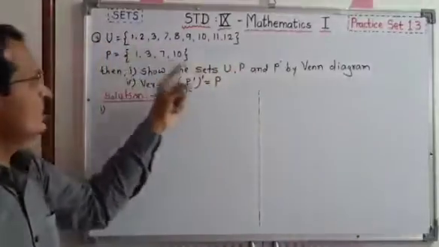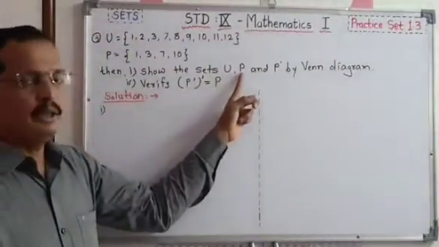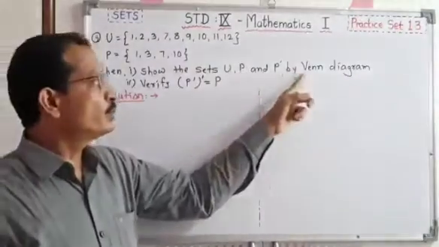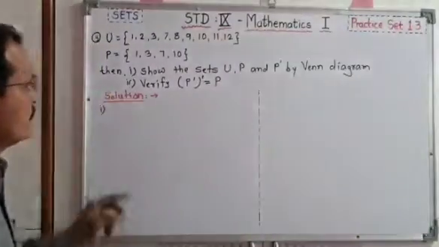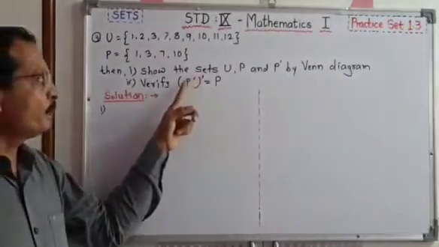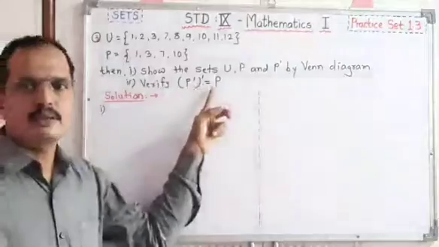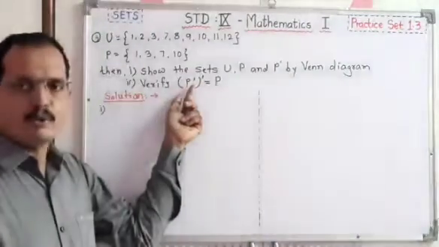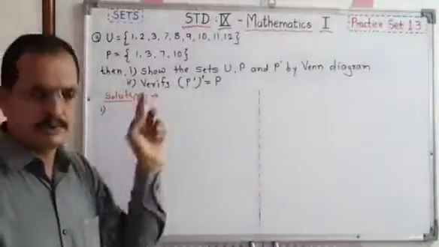That means the complement of P we have to show by the Venn diagram. Second question, we have to verify that the complement of P complement is the set P.